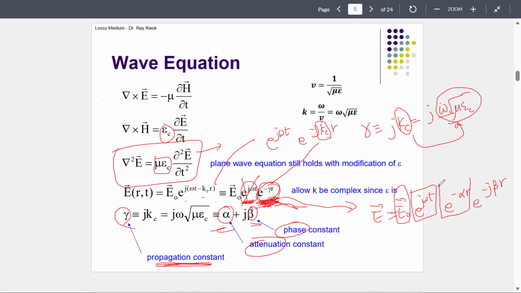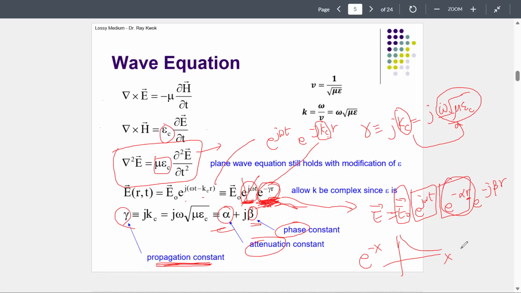This one, what is it? E to the minus alpha r. This is your exponential decay term. Remember what e to the minus x is? If you plot e to the minus x, what does that look like? Exponential decay. So this one tells me how fast the electric field amplitude will decay along the distance r.